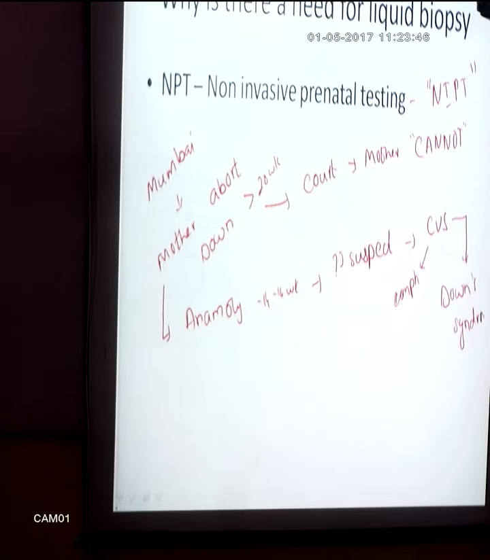Then you can say the baby is having Down syndrome. So this takes time. In unfortunate cases, it takes more than 20 weeks, which is the legal limit of abortion in India.